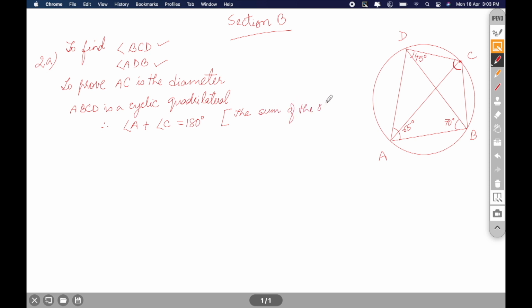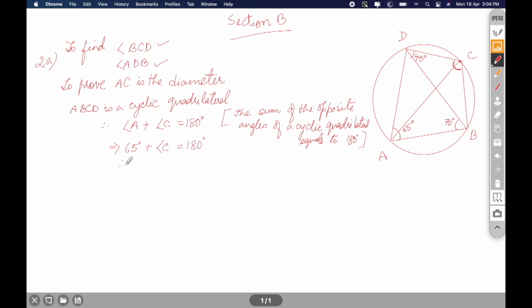Sum of the opposite angles of a cyclic quadrilateral equals 180 degree. So this is the theorem used. Angle A is given as 65 degree and angle C is not known.